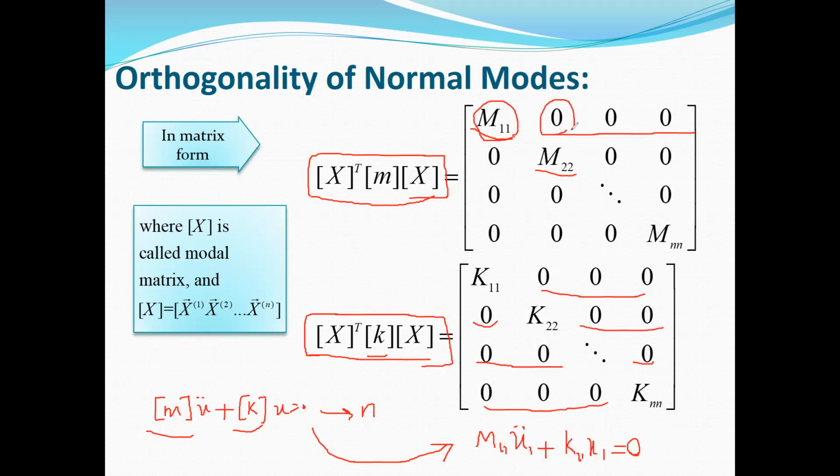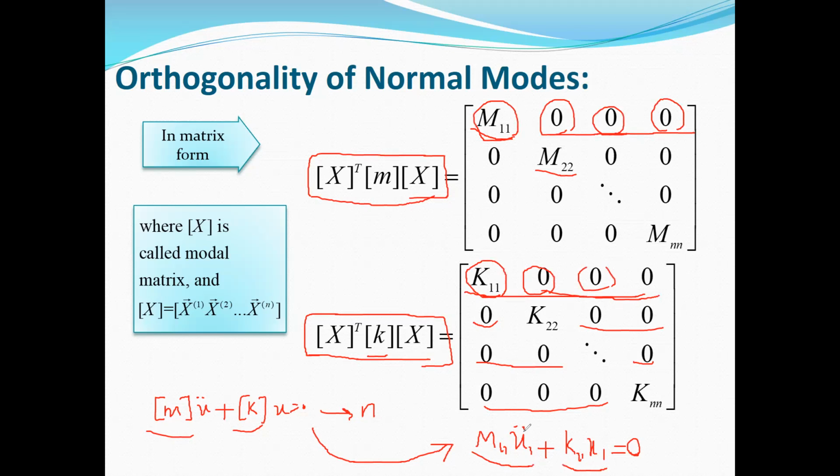So those components multiplied by x2 and so on are 0. In the first equation we only have x1 double dot, and also in the stiffness matrix the first component is k11 and the other components are 0.